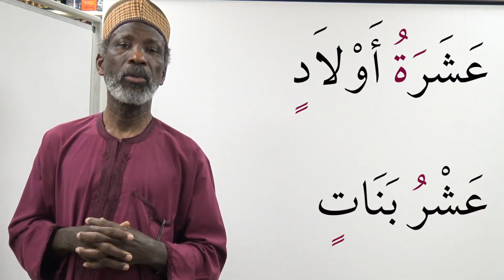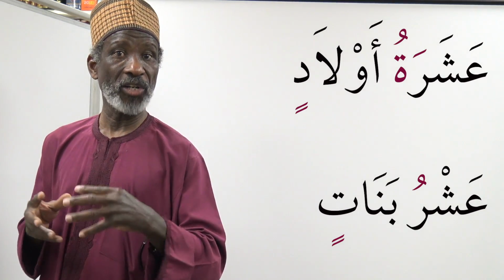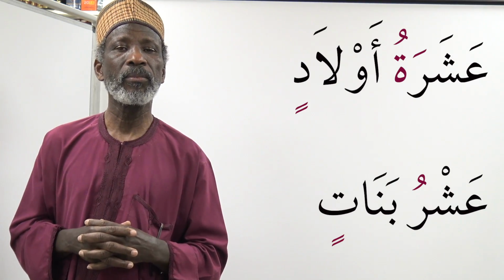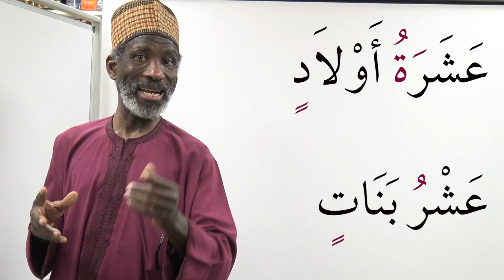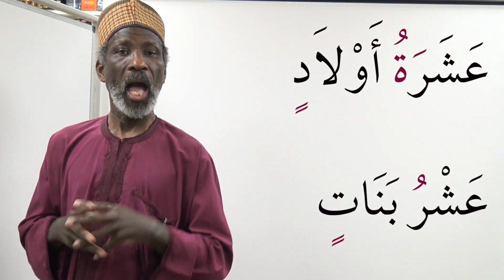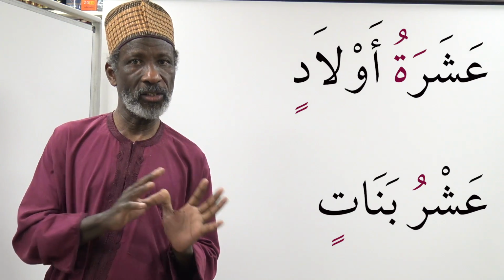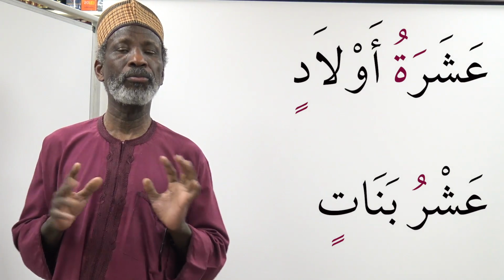So if you want to say 10 boys, you have to use the feminine number 10 with ta marbuta. You will say عشرة, وعشرة, وعشرتي if the structure of the sentence demands that. عشرة and then أولاد. عشر بنات.